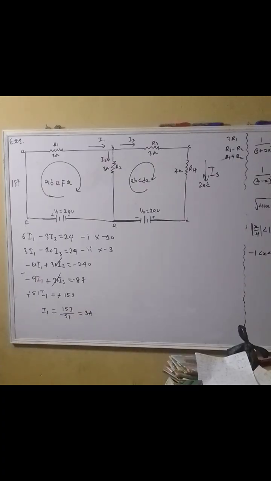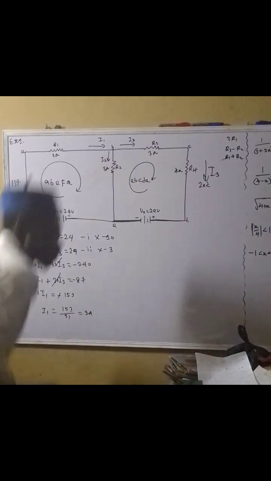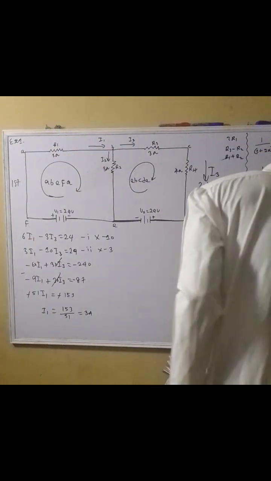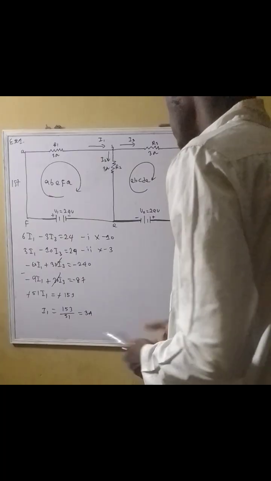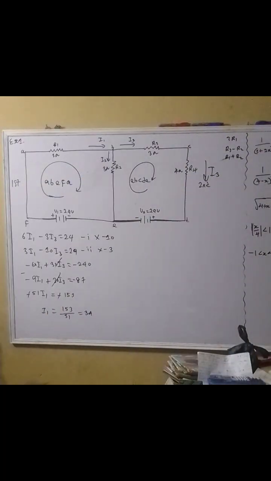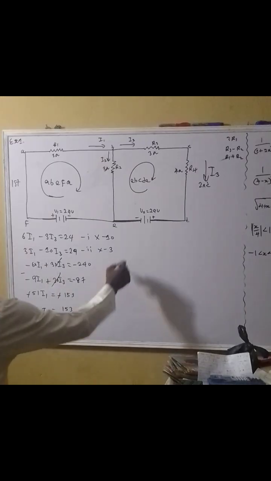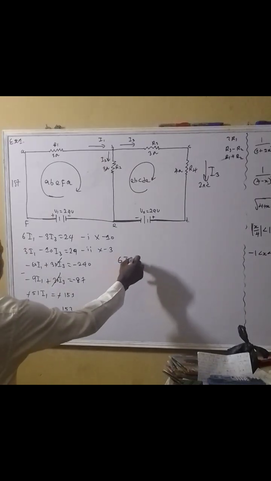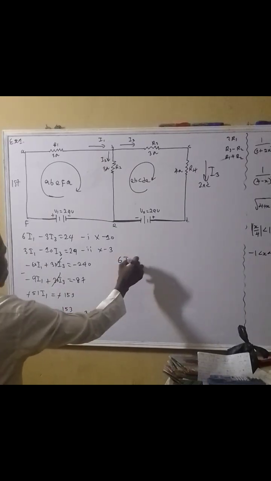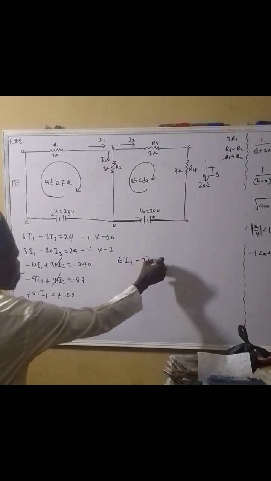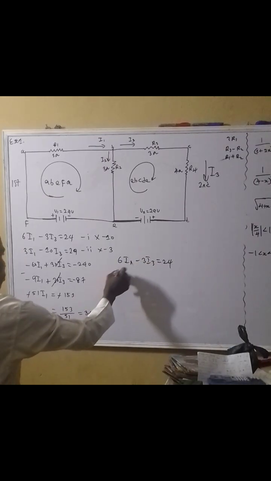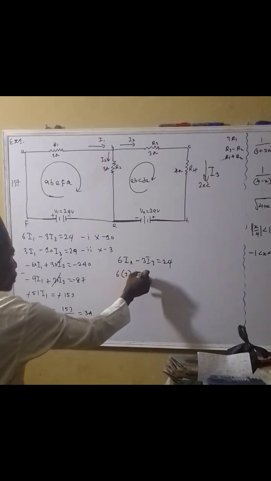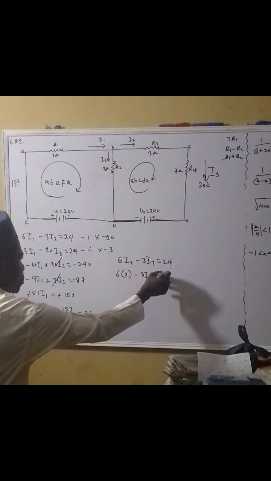Are you with me? So since our I1 is equal to 3 ampere, we can find our I3 from there. So you can use equation 1, which is 6I1 minus 3I3 equals 24. From there, we know our I1, that will be 6 into bracket 3 minus 3I3 equals 24.